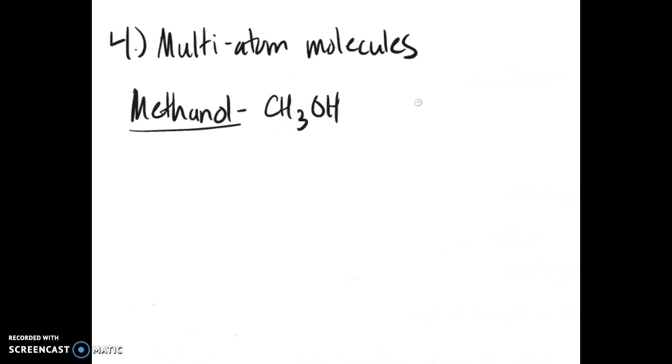Sometimes in order to figure it out, you just need to know where everything would go, how many bonds everything has. Carbon has 4, so carbon tends to be your central. Hydrogen has 1, you have 4 hydrogens. You have oxygen that has 2 available bonds. So its drawing would look something like this, if you're doing it with the dots instead of the dashes.